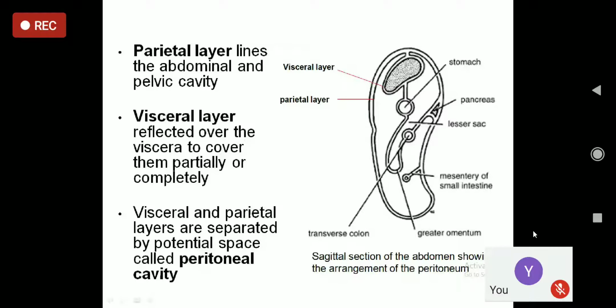The visceral and the parietal layers are separated by the potential space called the peritoneal cavity, which is bounded by the visceral layer and the parietal layer.